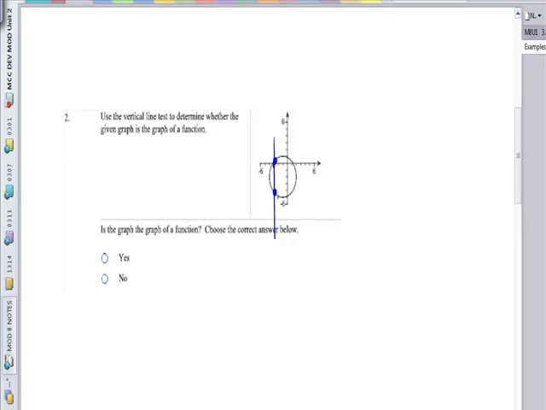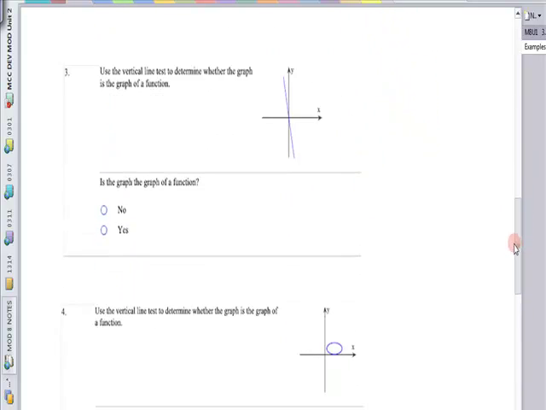For example, it might be, and I'm just guessing, the point -3, maybe 1, but it's also -3, -5. Please keep in mind that I'm just approximating what those points would be. But the x of -3 has more than one y value. It fails the vertical line test. No, it's not a function.